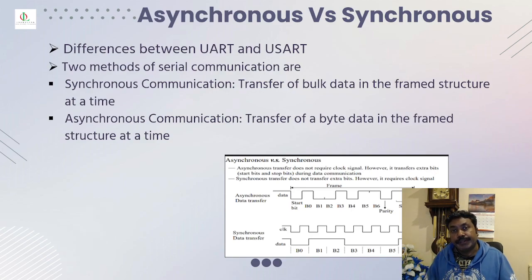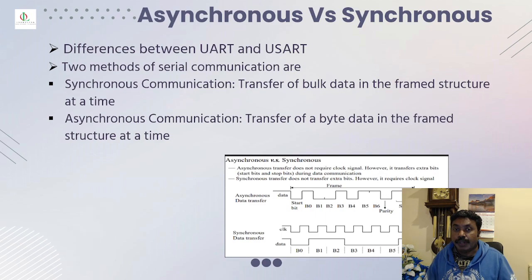Now we're going to learn about the basic differences between UART and USART. As most of you would have learned all this through your engineering degree, I'm just giving you a recap. UART you already learned a bit. And what is USART? USART stands for Universal Synchronous Asynchronous Receiver Transmitter.